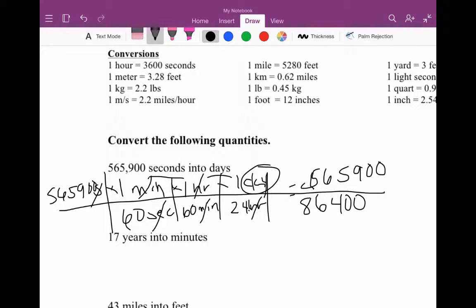Then we take the top divided by the bottom. So 565,900 divided by 86,400, which will give us an answer of 6.55. Looking for our units, days. So 565,900 seconds is about 6.5 days.